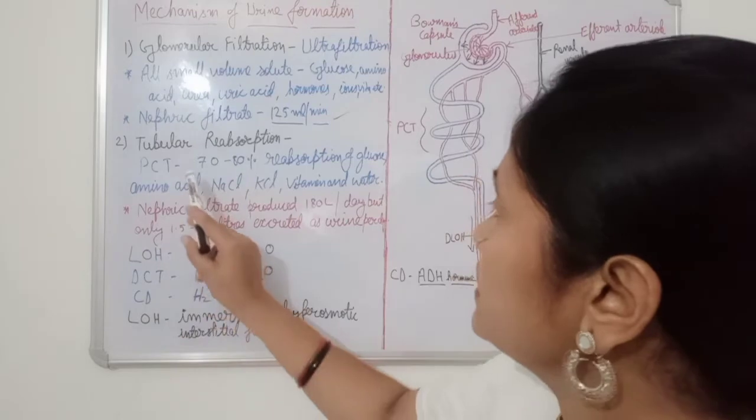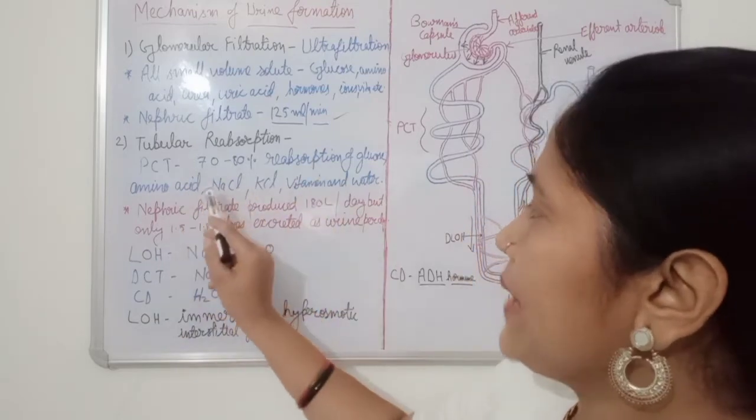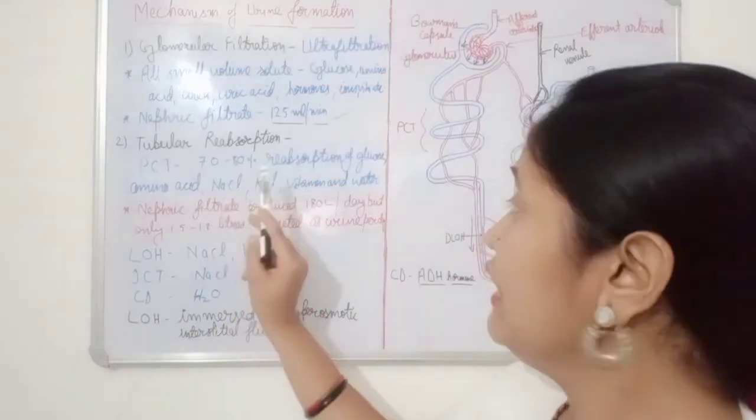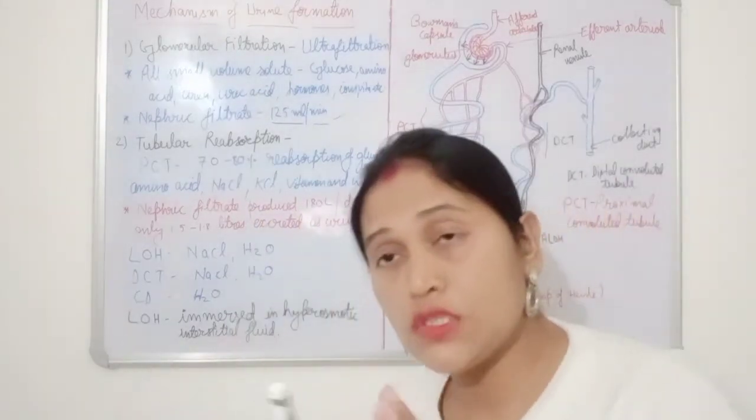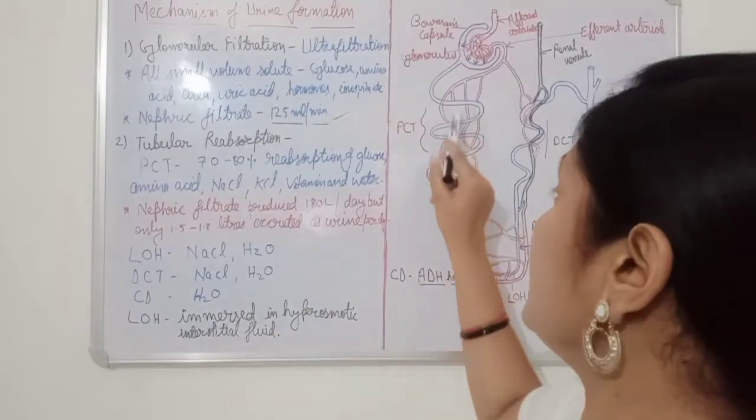It is written here: 70 to 80% reabsorption of glucose, amino acids, NaCl, potassium chloride, vitamins, hormones, ions and water occurs in the PCT area.